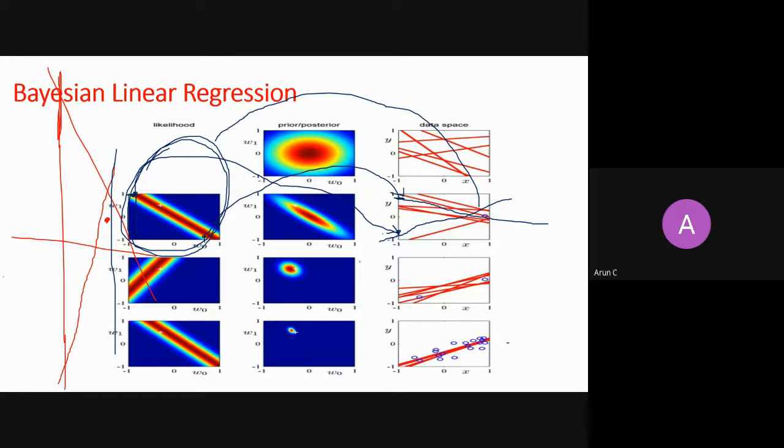Can anybody unmute and let me know what that estimation is known as when I see only data and try to find out the value of my parameters?